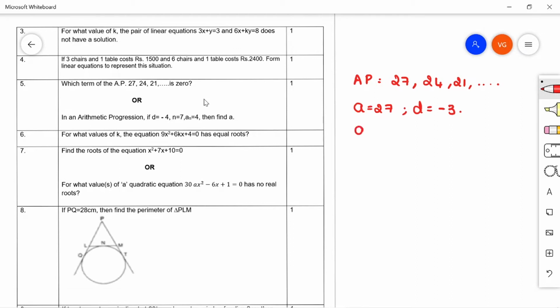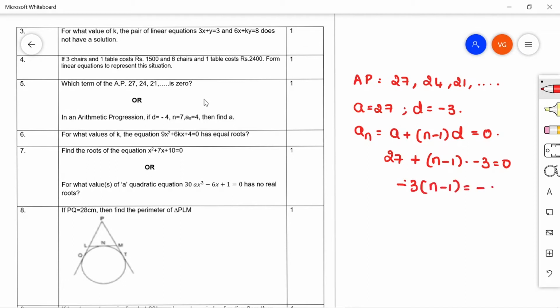Then you have to find out the nth term, which is equal to 0. a_n is equal to a plus n minus 1 into d, which is equal to 0. Now substitute: 27 plus n minus 1 into minus 3 is equal to 0. So minus 3 into n minus 1 is equal to minus 27.